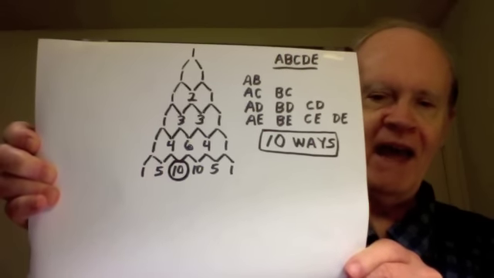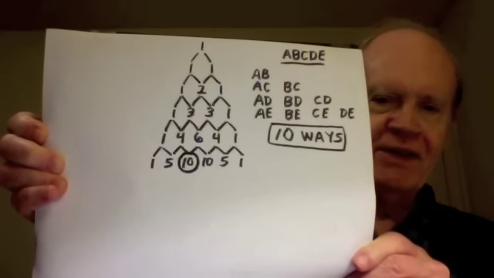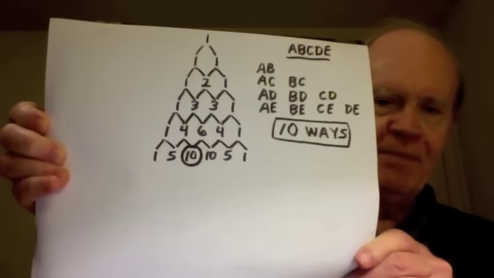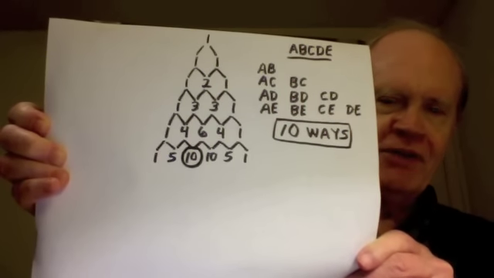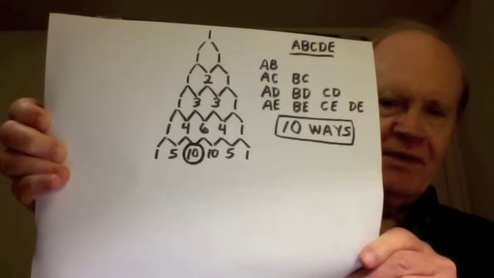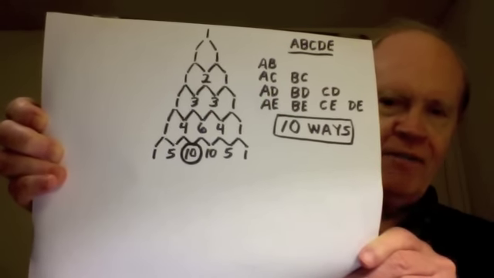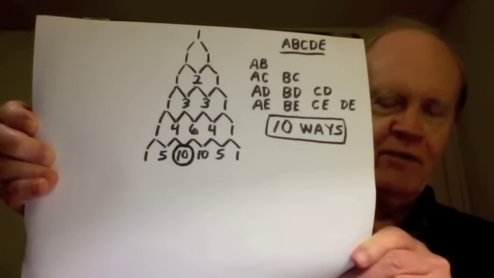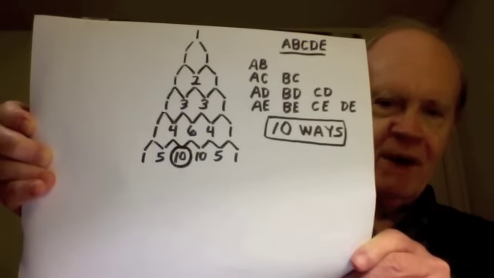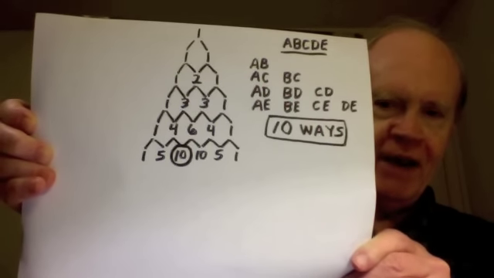How many ways is that to form a committee of 2 from a club of 5? 10 ways. And that number 10 appears twice in this part of Pascal's triangle. I have circled it as you see. The location of that 10 is such that there are 10 ways to get to that location, and to do it you have 5 little paths to follow from the top down, and 2 of them must veer to the right in order to get to that particular 10.